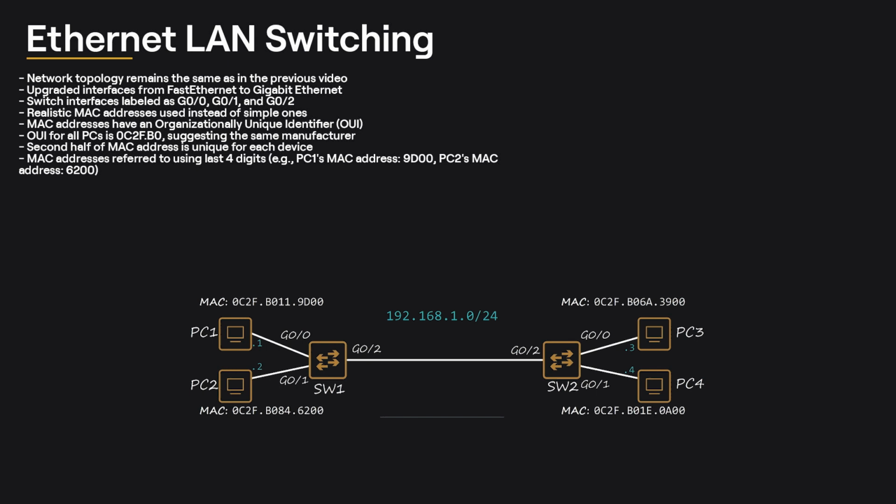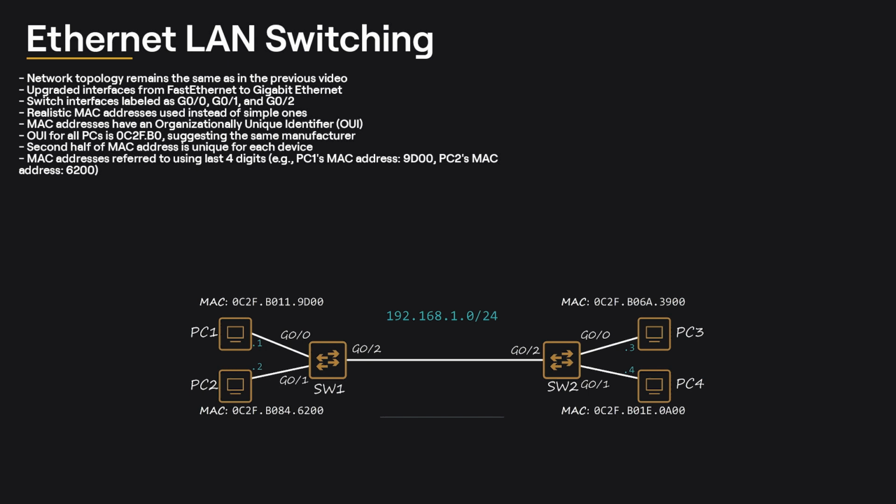This suggests that all the PCs were manufactured by the same company. The second half of each device's MAC address is unique and represents the device itself. To keep things simple, I'll refer to the MAC addresses using only the last 4 digits. For example, PC1's MAC address will be 9D00, and PC2's MAC address will be 6200.